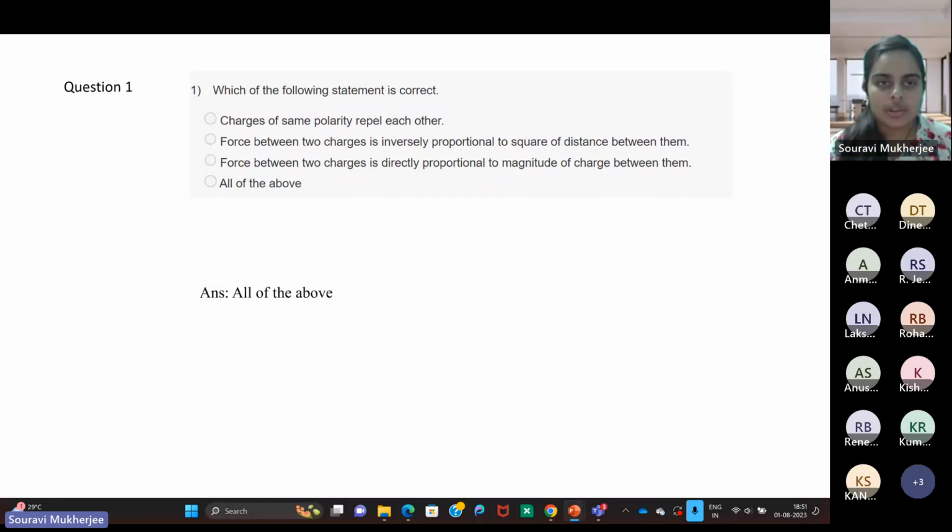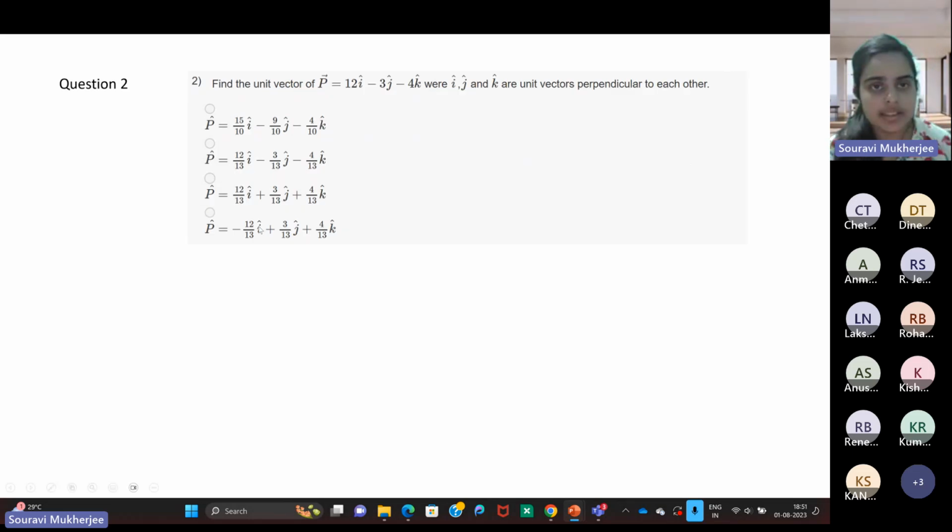Okay. So now this is another question where some vector is given, and you want to find the unit vector along this direction, right? So what do you do? How do you do this? It's pretty straightforward, just dividing by the magnitude, right?